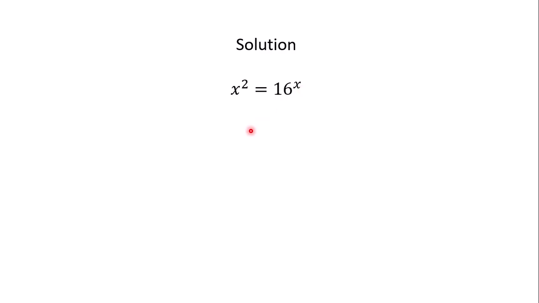Okay, don't worry. So x squared is equal to 16 raised to the power x. What are we going to do here? We're just going to take the natural log, not logarithm, natural log of both sides. The motive of using natural log is that the function uses e. If we take logarithm, there is no way we are going to get e.